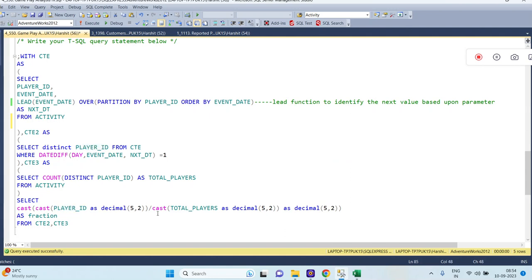And now how many total number of players are there? So let me copy this column. Now let me check.